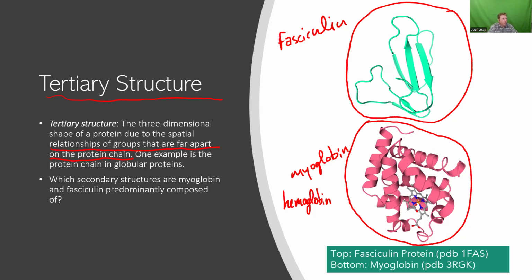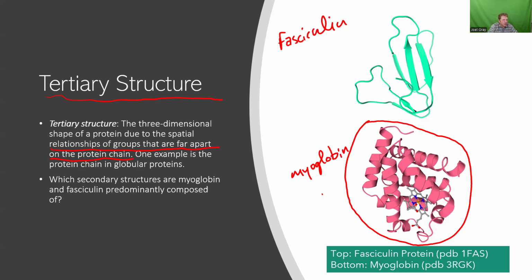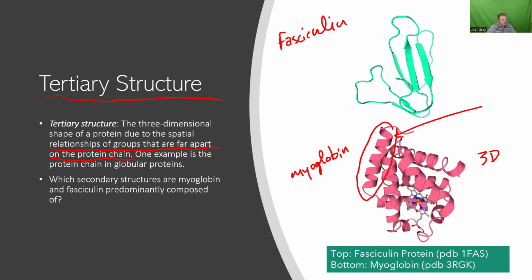Now, what I want you to think about and look at here is this 3D structure of myoglobin. Can anyone share what they think this thing that I've circled is? Let me erase one of my other circles. Judging by your primary and secondary structure, what do you think that is?